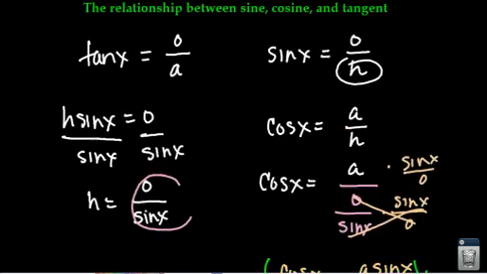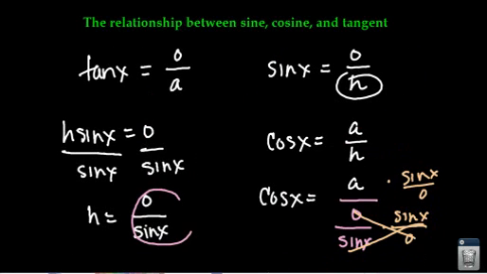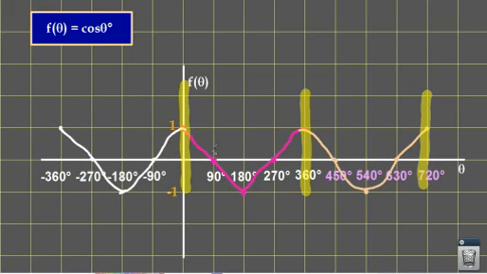That should lead you to think, well, if we go back to our graph of cosine, cosine equaled 0 at 90 degrees, at 270 degrees, at 450, and so on. Every 180 degrees, starting with 90 degrees, there's a value of 0 for cosine.